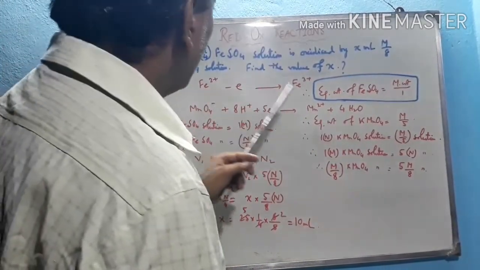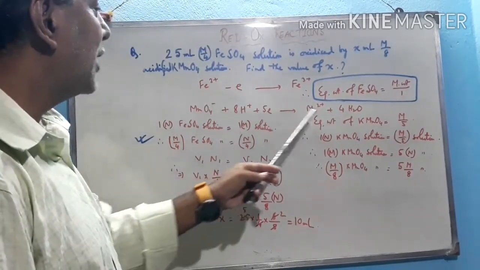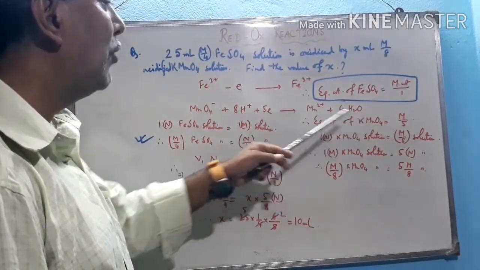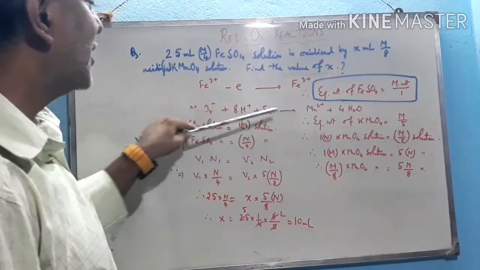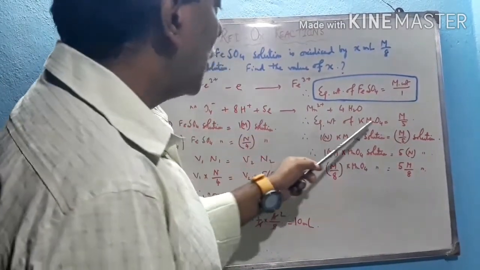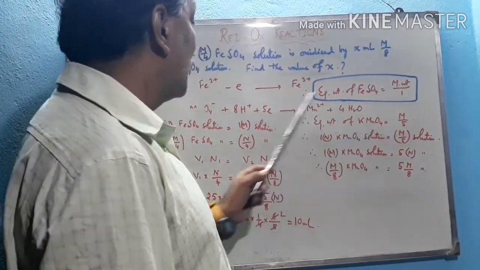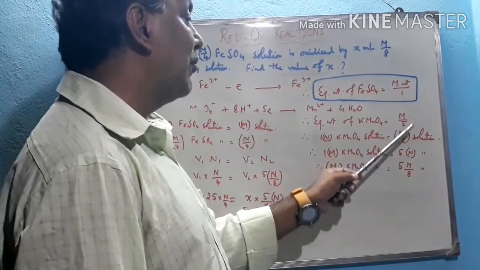Now in the case of permanganate in acidified condition, it converts to Mn2+ and 4H2O. We have already seen how the redox reaction is balanced: 8H+ plus 5 electrons gives Mn2+ plus 4H2O. Now, what is the equivalent weight of KMnO4? The number of electrons transferred per mole is 5, therefore molecular weight divided by 5.